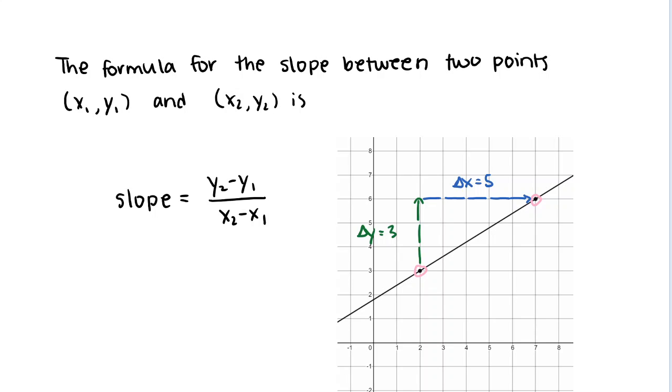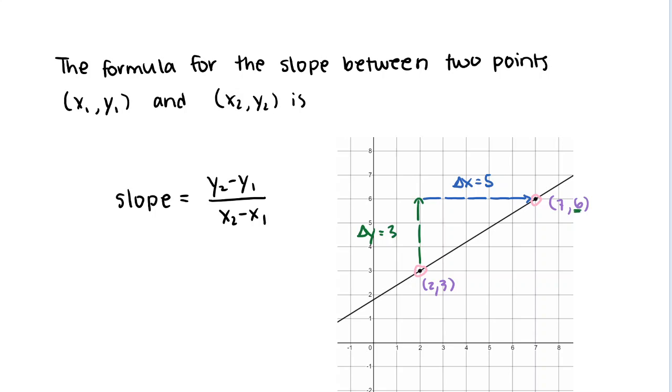But how would we compute this without having to draw the picture or plot out these points again? Well, this change in y, it's coming from these coordinates, right? So this point on the right is the point 7, 6, and this point on the left is 2, 3. And so what's the change in the y value?